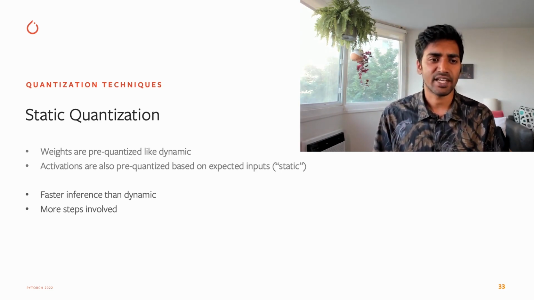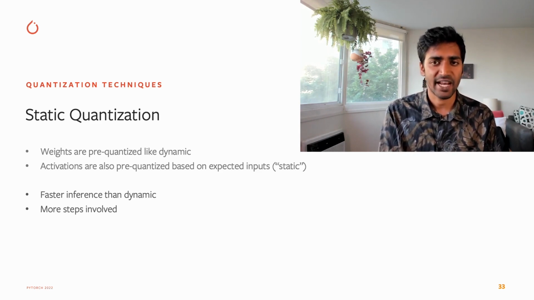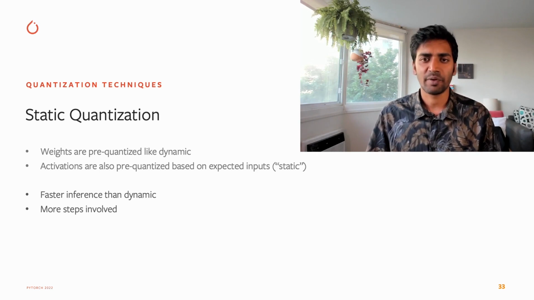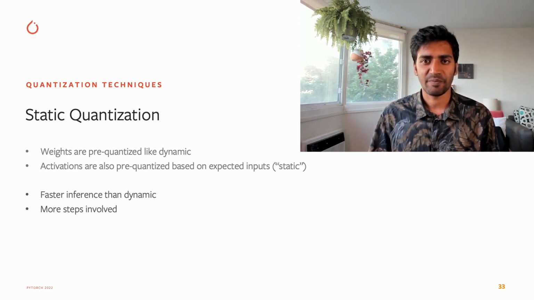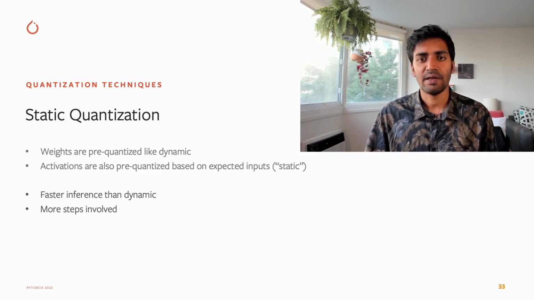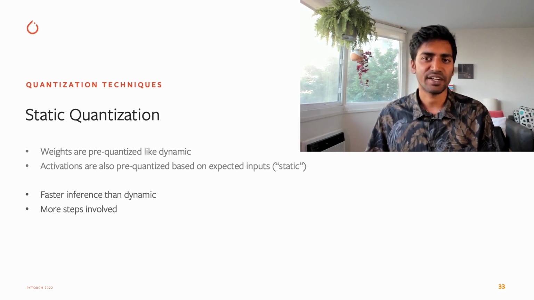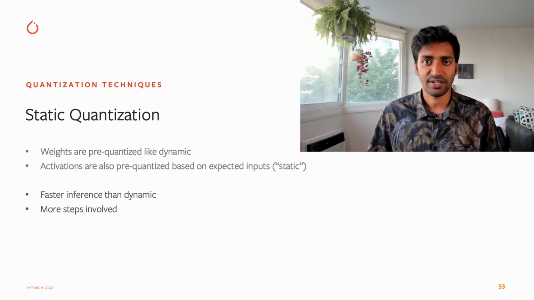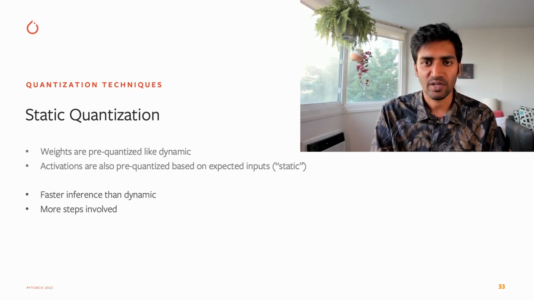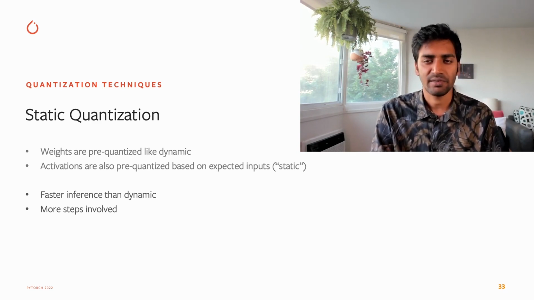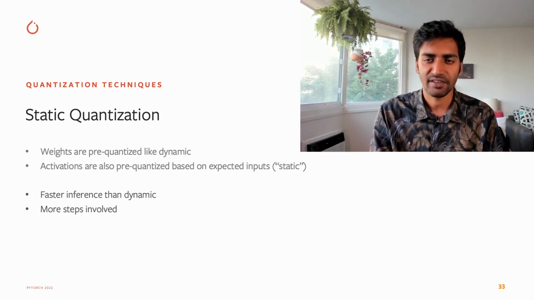The caveat is that static quantization might suffer from more accuracy drops than dynamic, and this is probably because the calibrations are pretty static, and what you may have calibrated the model offline on might not be extremely representative of the data it encounters in the real world. One way around this is to keep retraining or recalibrating the model, but it generally does suffer from more degradation than dynamic quantization.